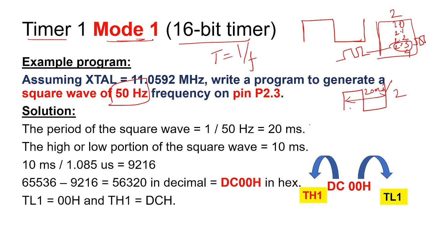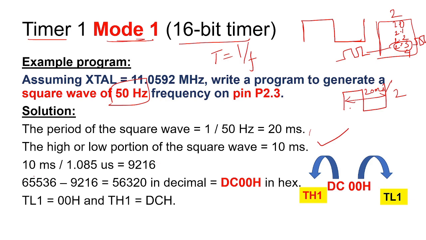So we found that the period of the square wave is 20. Then we divided by 2, so that we find the higher or lower portion of the square wave is 10 milliseconds. Clear? Now I want to find how many pulses are required for the given logic.